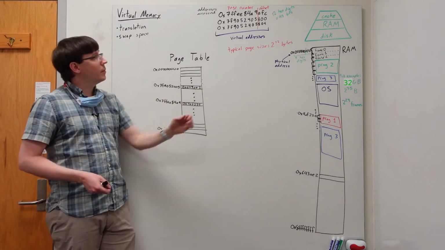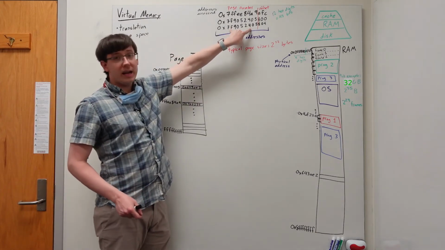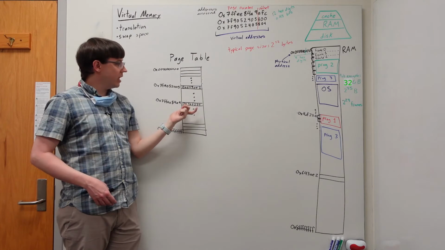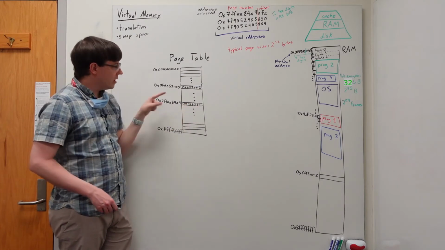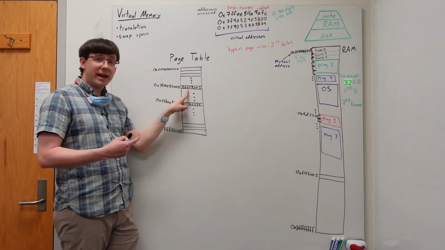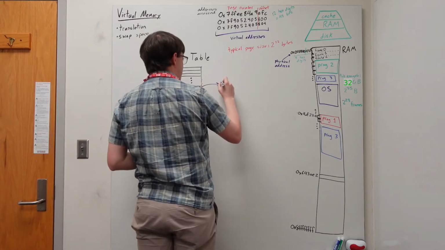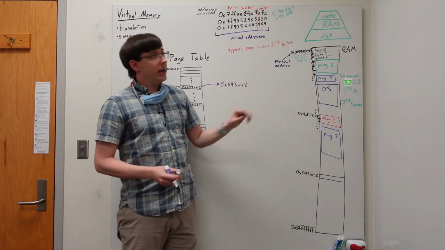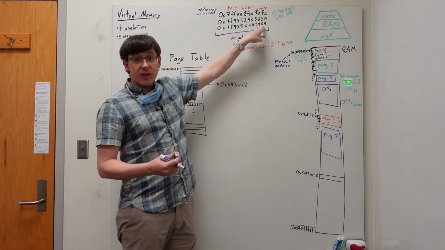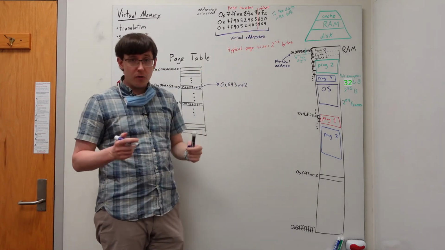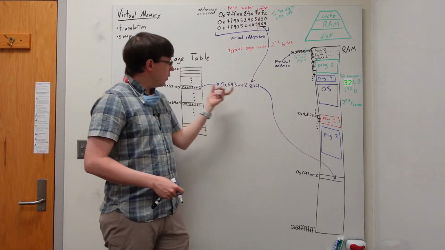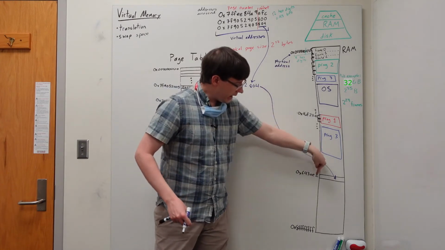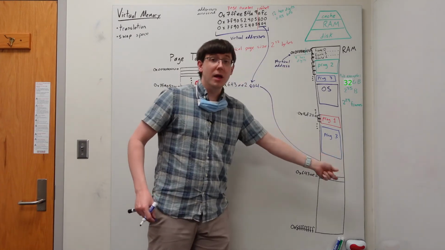And so when our program tries to read or write data at this address, that address will be translated by the page table into the address that begins with these hex digits, and then to access within the page, we append the offset from the address that the program issued, which gives us a location in the physical memory, which frame and which bytes within that frame is the program trying to access.